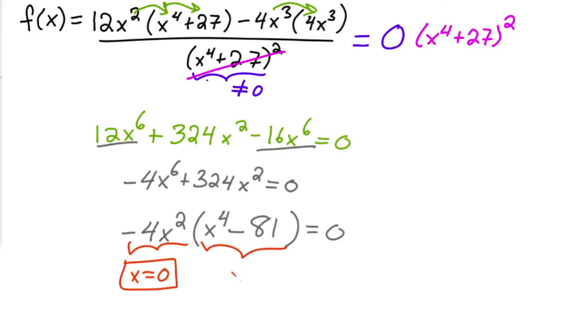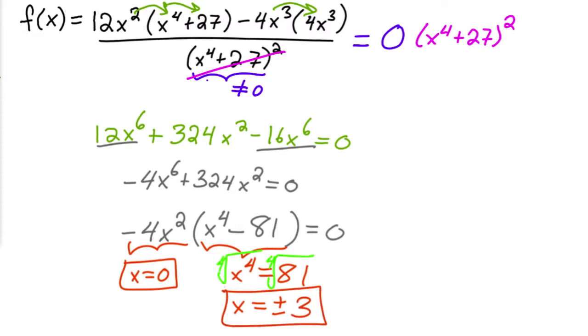And then for this one, I'm going to need to solve x to the fourth equals 81. So I would take the fourth root of both sides, and so x is going to equal positive or negative 3. So those are my 3 solutions.